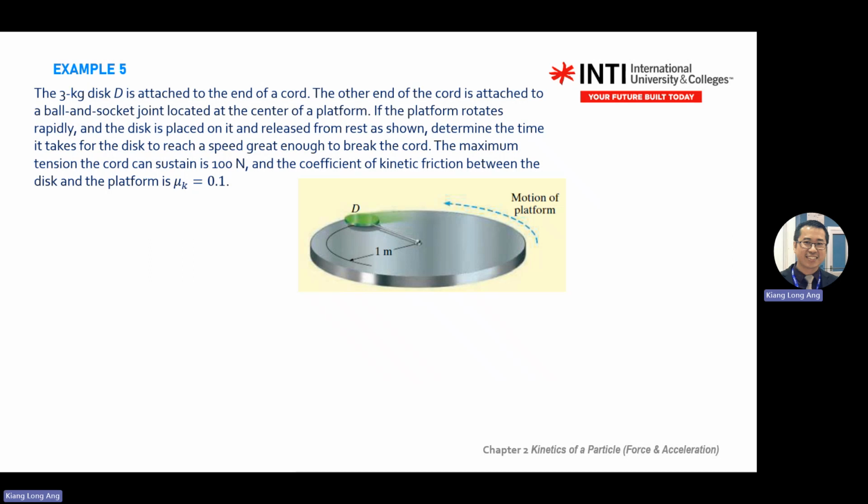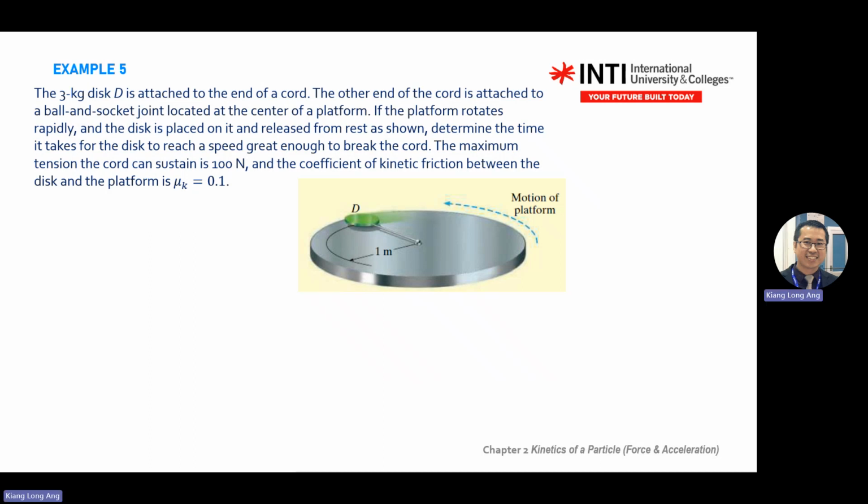In chapter 1, you don't have weight. What else? You don't have friction. Yes, these are the few things.